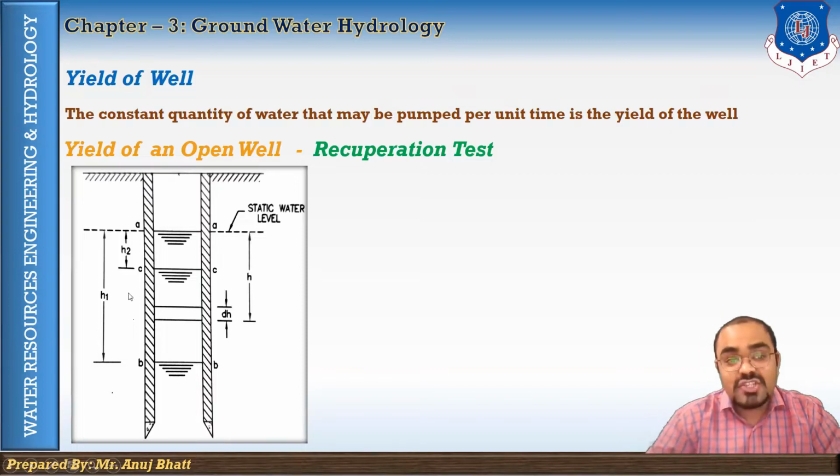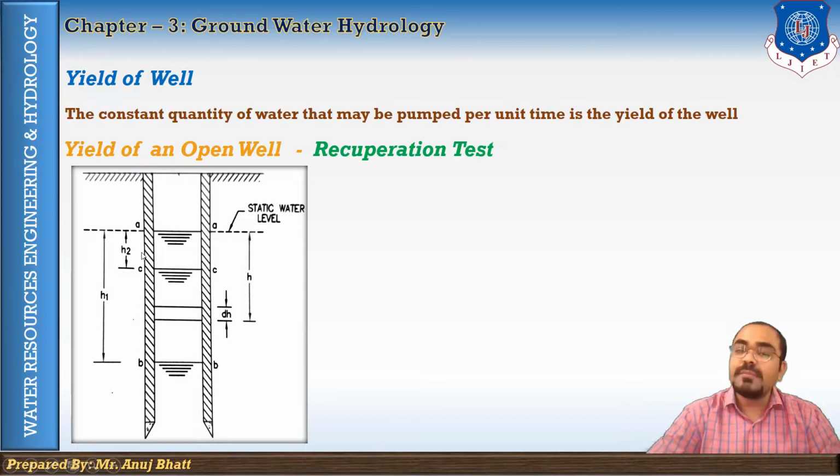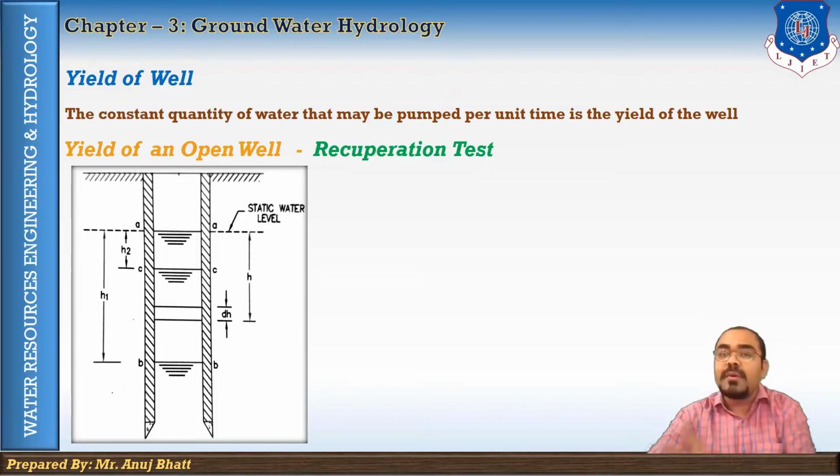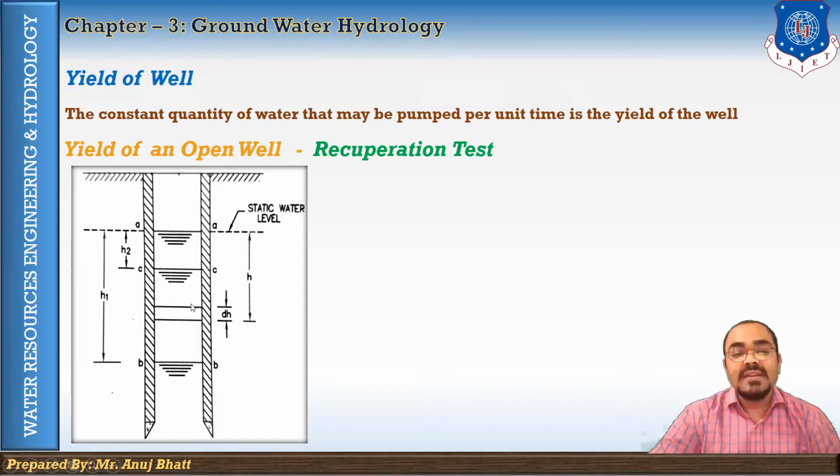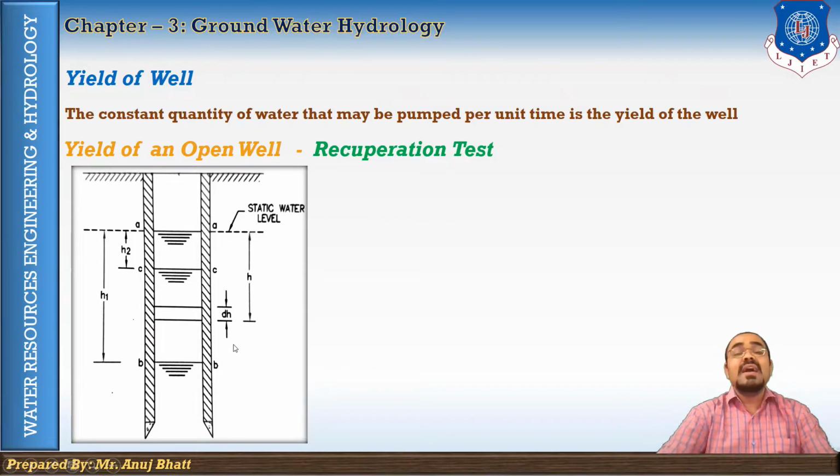Now this small h2 is the depression head in the well at the time T after the pumping is stopped. Then H1 is the depression head in the well at time T after the pumping is stopped, and this dh is the decrease in the depression head in the time dt.